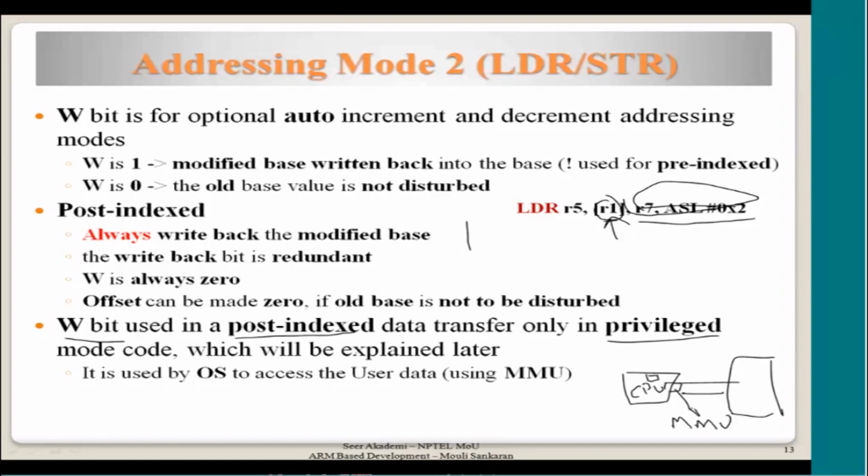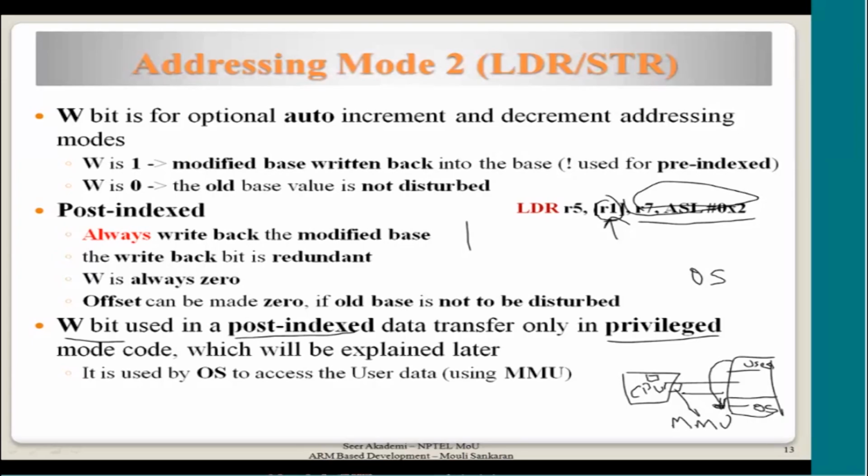Now, when it is in privileged mode, the operating system is running, and if you have a basic OS understanding, you know that the OS memory space is different from the user memory space. The MMU makes sure that the user doesn't address the OS memory space, because they can corrupt the OS data structures or code by writing some erroneous code in the user space, by mistake or by intention.